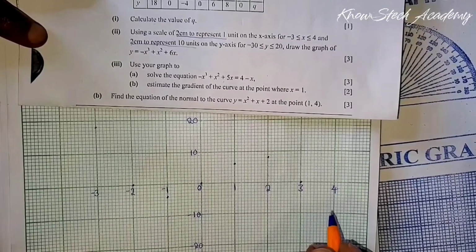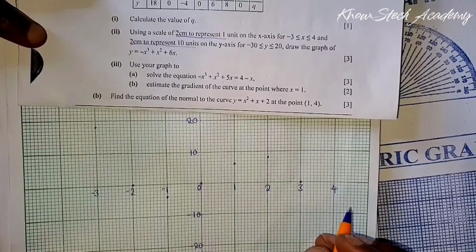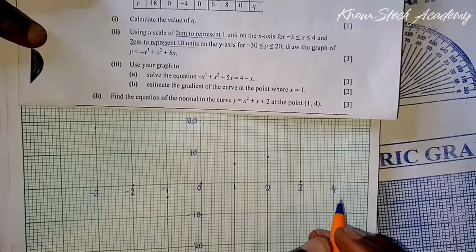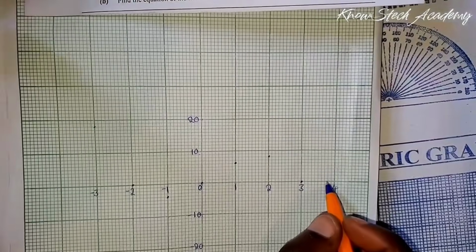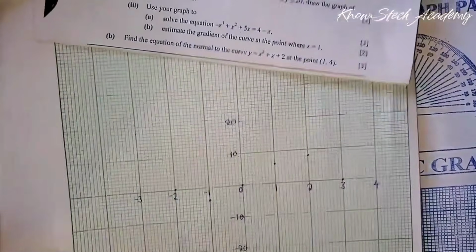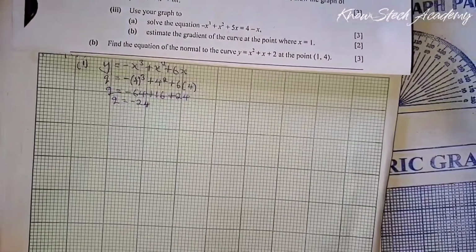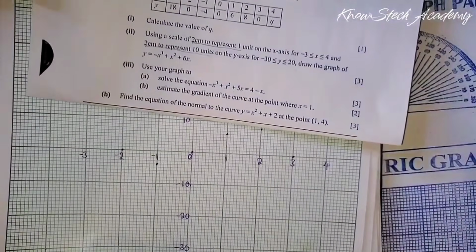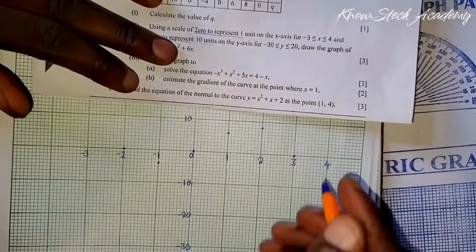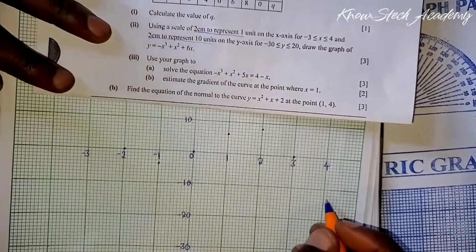The next is 4, comma q. What is the value of q? We've already calculated the value of q. Somewhere here, q is negative 24. So we can plot this one as 4, comma negative 24.